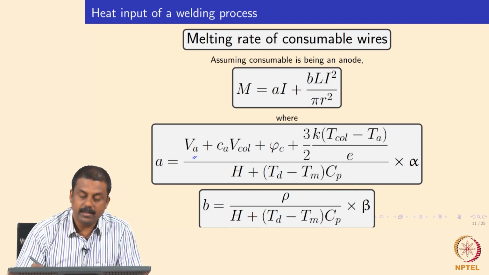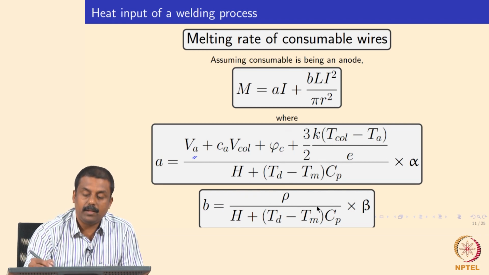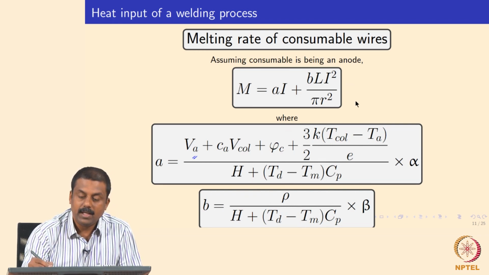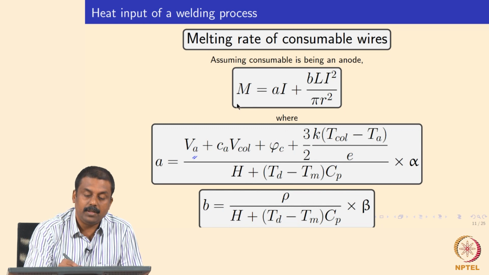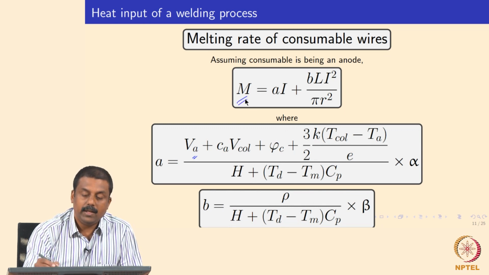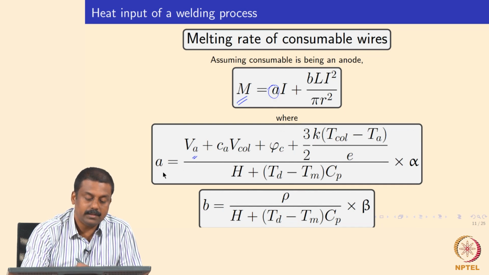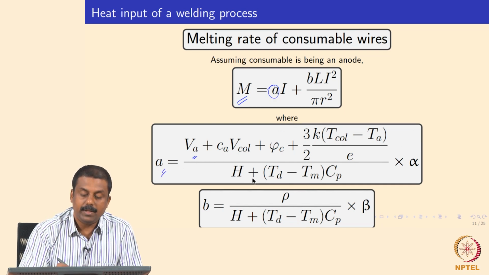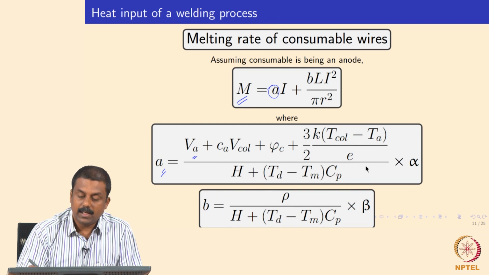above the melting point. These two together give you an equation ultimately leading to the melting rate of an electrode, which is nothing but a constant, and this constant is a function of the parameters which control the characteristics of the GMAW process.